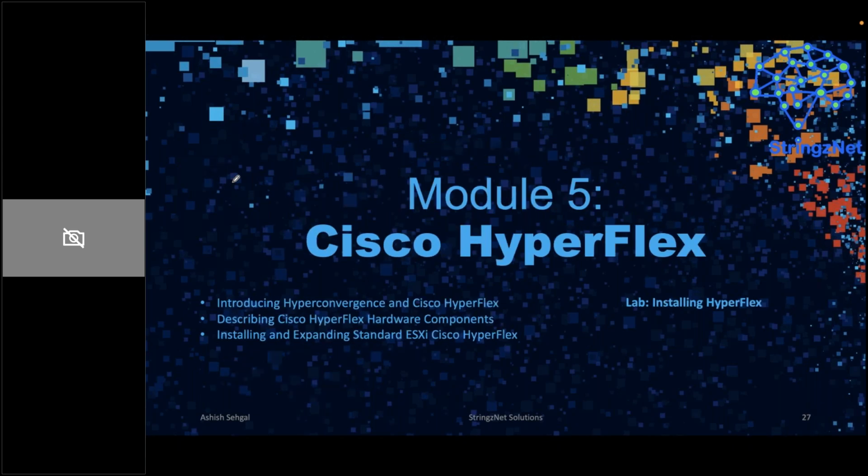After module number 4, UCS, we have the knowledge of LAN, SAN, and UCS, and we merge all this knowledge together into a topic called HyperFlex. HyperFlex is a hyper-converged infrastructure solution.